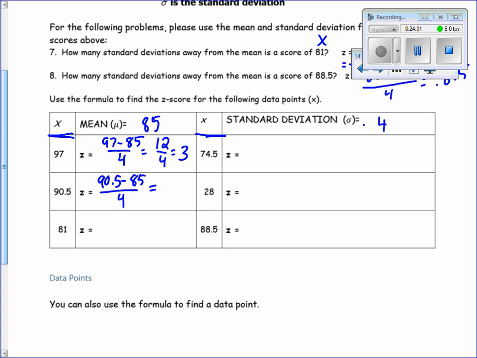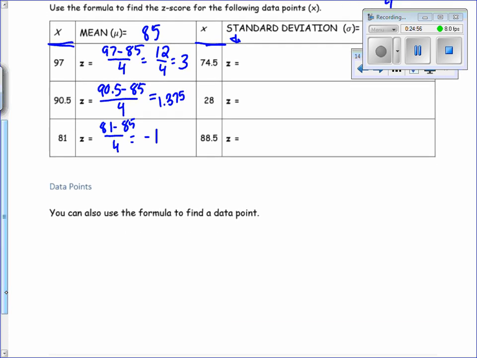You should do this on your own, and your z-score is 1.375. Let's do the next one. You should have 81 minus 85 divided by 4 equals -1. All of these are classwork on this row, and you can do those on your own.